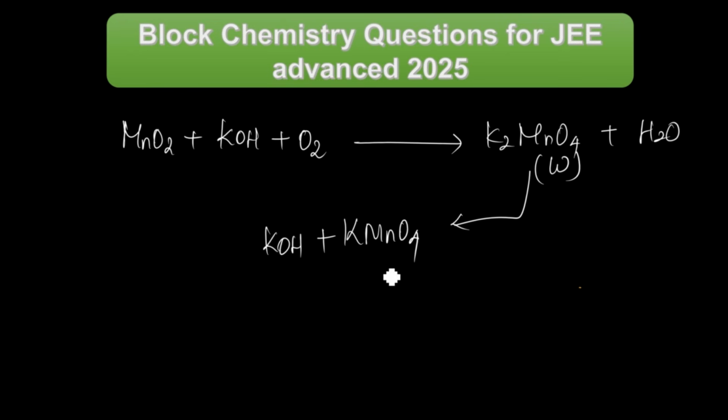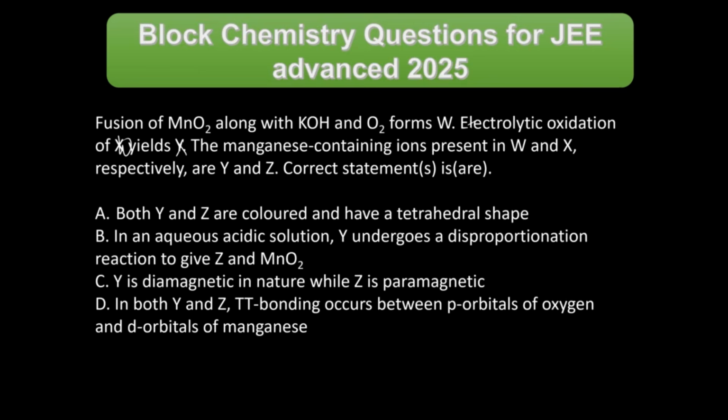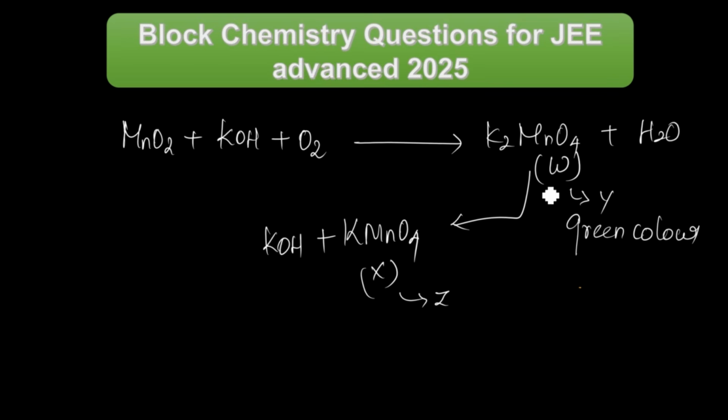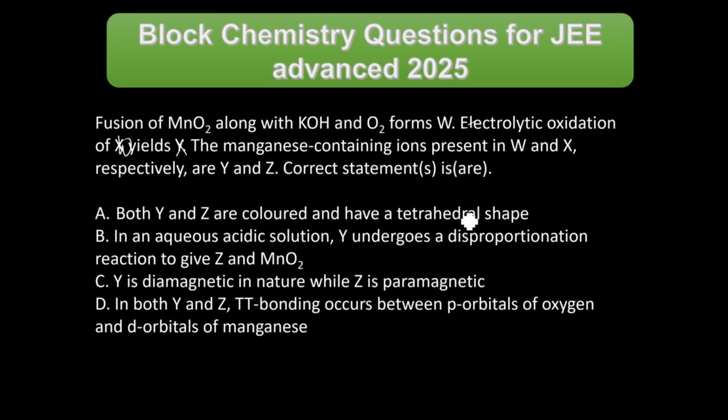So this is W and this is X; W is taken as Y and X is taken as Z. The first one, K2MnO4, is green in color, and KMnO4, obviously we know that is purple in color. KMnO4 is tetrahedral in shape.